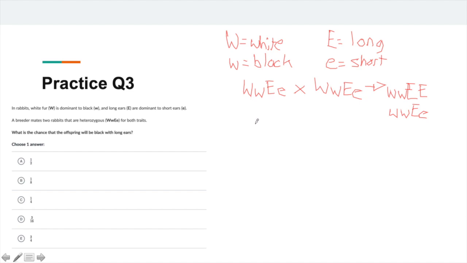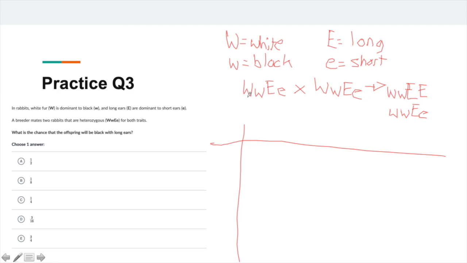So what we're going to do for this one, obviously because we have two traits, we have to make it a little bit bigger. Here we'll start off, try to make this as clean as possible. So you're going to have 4 rows and 4 columns. And basically, each of your columns and each of your rows is going to contain one allele from each trait.